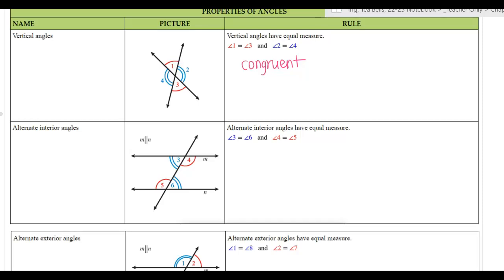So those words alternate and interior mean that they're on opposite sides of the transversal and they're interior. So they're going to be on the inside of our parallel lines. So in this example, this would be 3 and 6 and 4 and 5. These types of angles are always congruent to each other.